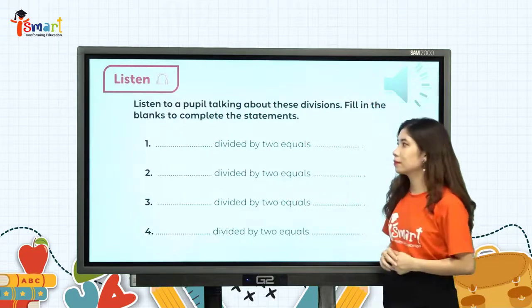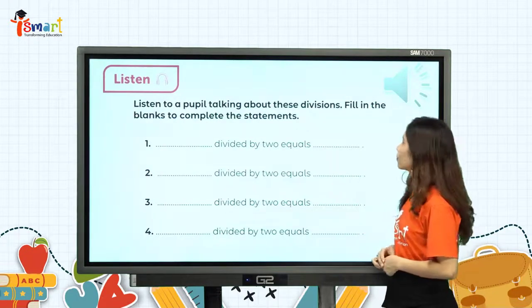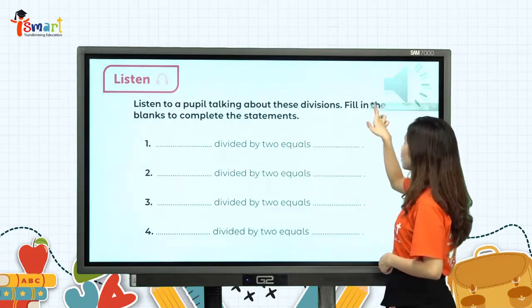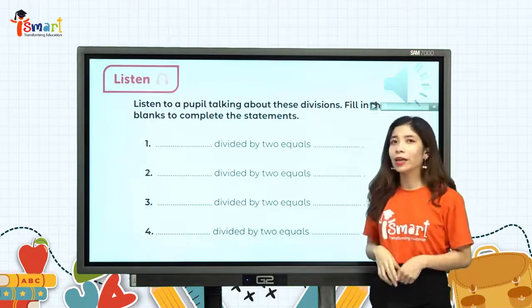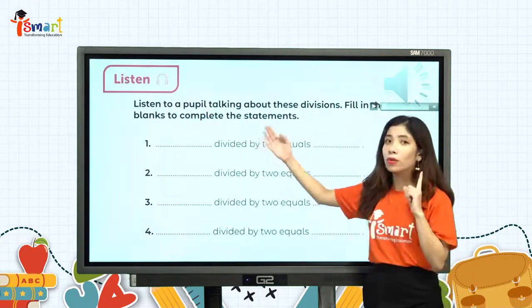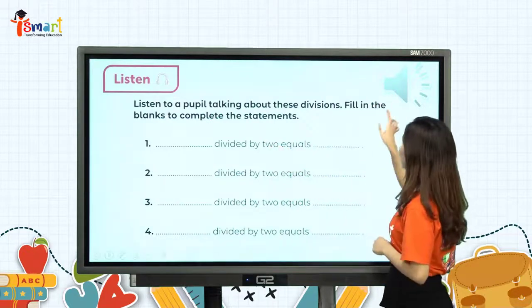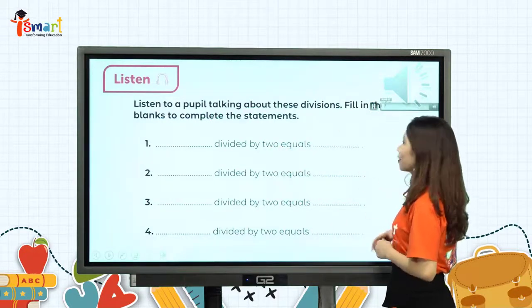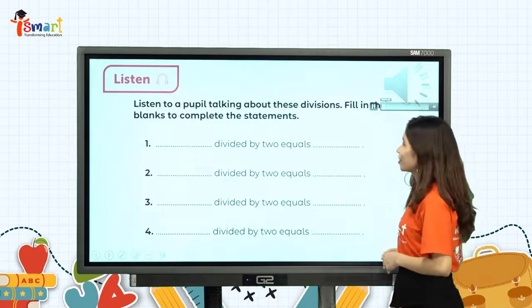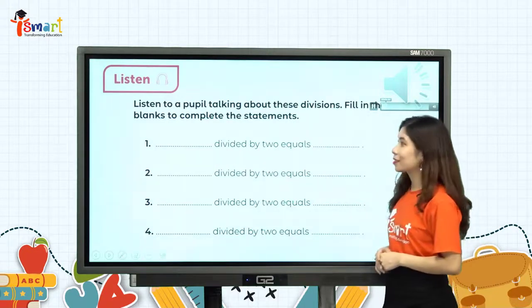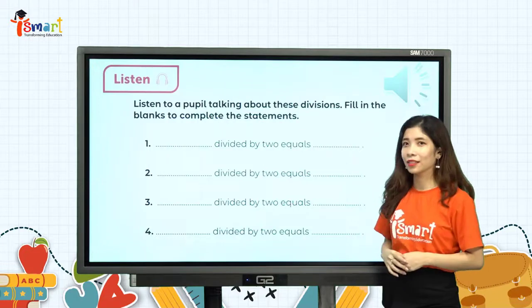Listen to a pupil talking about these divisions. Okay, so number 1, we will do it as an example. About these divisions. Fill in the blanks to complete the statements.